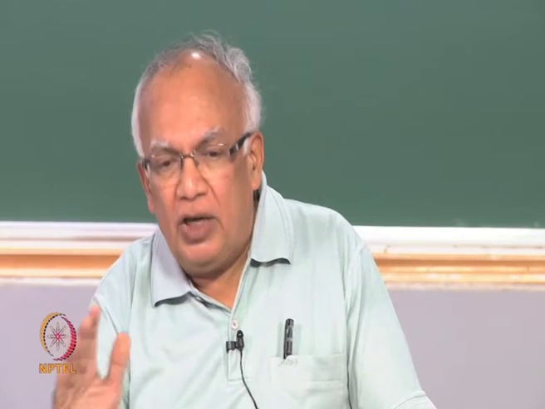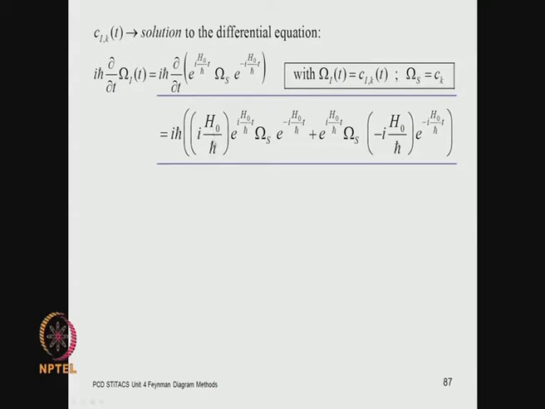So, you have to keep track of the order. From the first term you get i H_0 over h cross when you take the time derivative, then you have got these 3 operators, and then omega_s is not dependent on time, but then you have to take the time derivative of this, which is minus i H_0 over h cross.